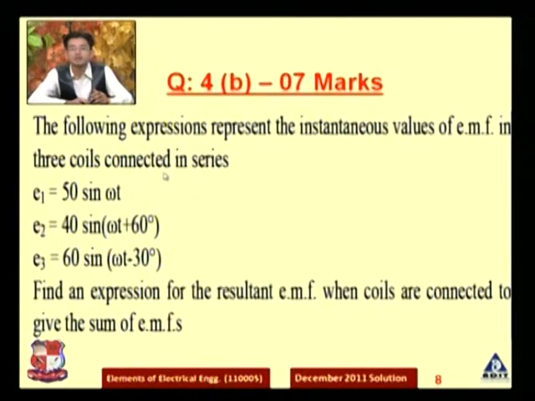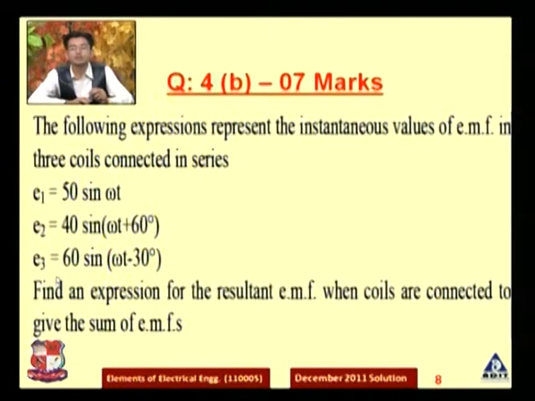As they are connected in series, the total voltage is the sum of the voltages of the three coils. E1, the voltage in the first coil, is Vm sin omega t, so it is 50 sin omega t, while E2 is equal to 40 sin(omega t plus 60), that is, it has a phase difference of 60 degrees.